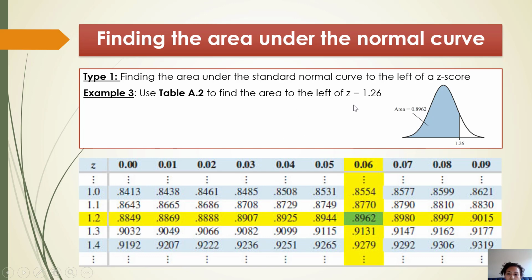So to find the area to the left of the z-score 1.26, I look for the row of 1.2 and the column of 0.06, because 1.26 is 1.2 plus 0.06, and I see that the row of 1.2 intersects with the column of 0.06 at a green square, which is 0.8962. So the area to the left of this z-score 1.26 is 0.8962. That's how I use table A2 to find the solution for a type 1 question.